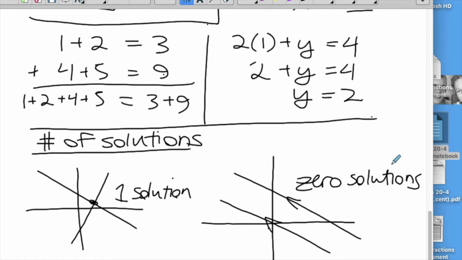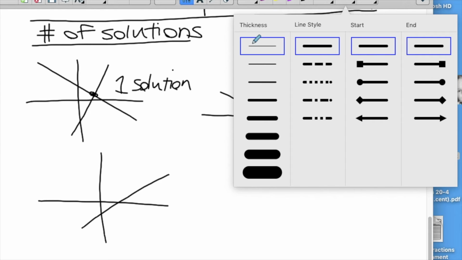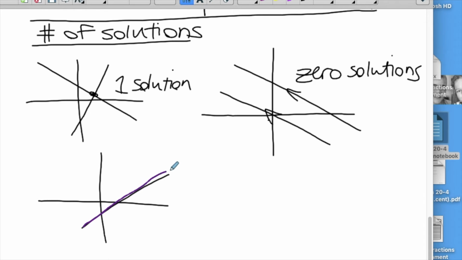Okay? And then there's a third possibility, which is that the two lines could overlap. They could lie one on top of the other. So here's one line, and maybe I'll do the other one in a different color. Oh, that looks bad too, but anyway.